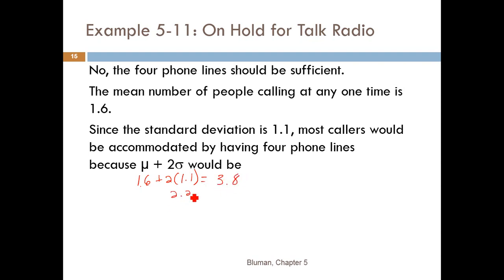That's 2.2, 1.6 and 2.2 is 3.8. Now that's on the high side, right? Remember, this is your formula for outliers. 4 is an outlier. So if we ever get 4 people calling in at one time, that's an outlier. Not saying it'll never happen, but not very often.